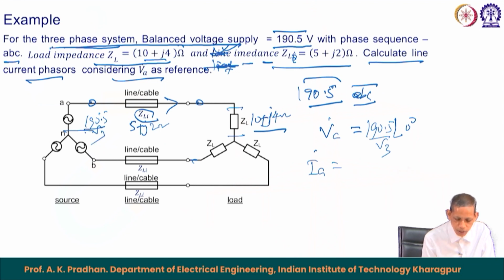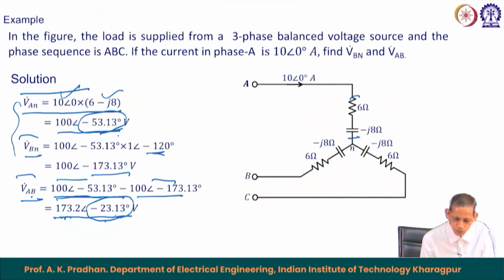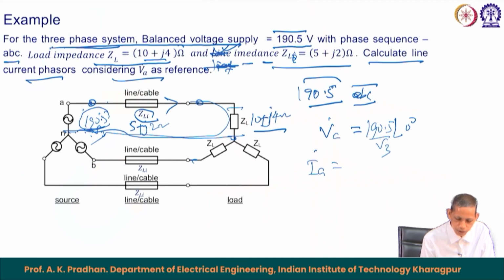So, if you go by this phase analysis and connect this to this loop, the path will be like this. For this case V A is 190.5 divided by root 3 with 0 degree, divided by the sum of the impedances.